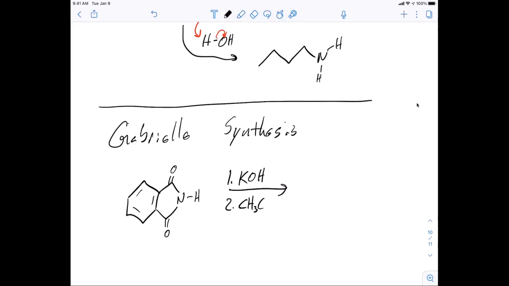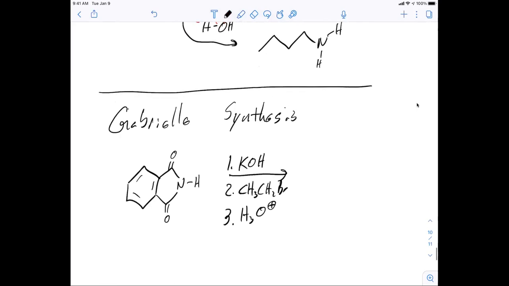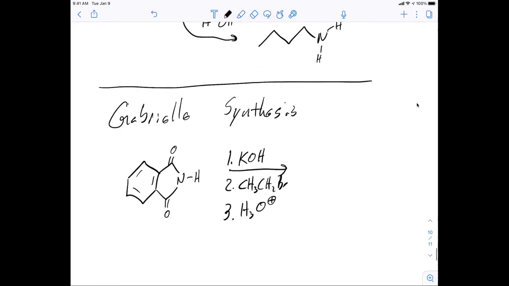Then we add our electrophile. And then there's two different ways we could work that up. One of them is H3O plus. And we'll go through the steps on this one.